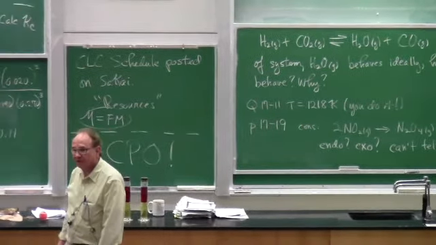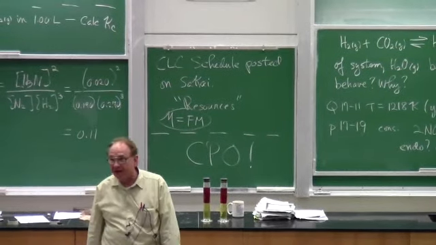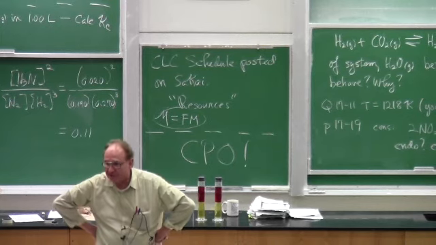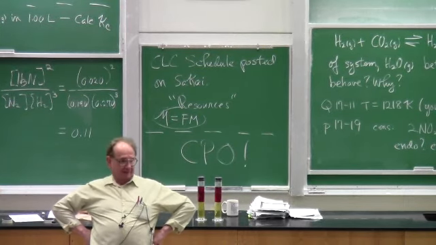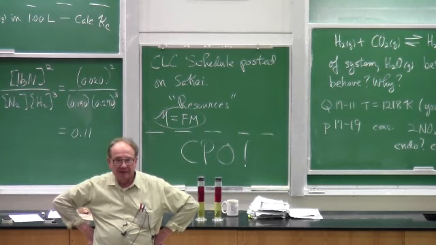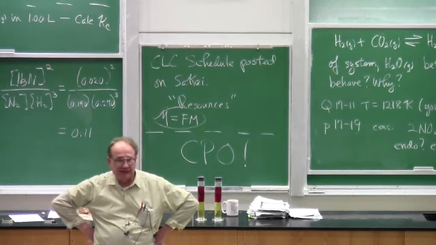Did you study stuff like this in 2045? You're damn right you did. But it may not have been phrased as I have just phrased it. When does a gas behave ideally? Under what conditions does a gas behave ideally?